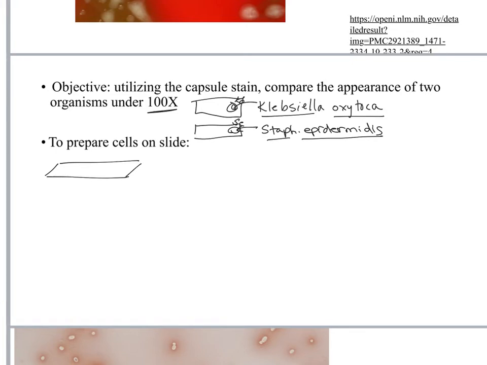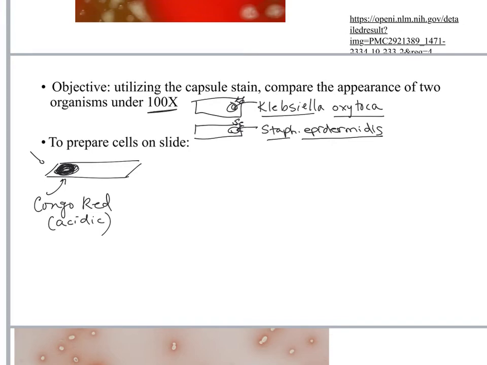When we prepare our cells, we're actually going to put a drop of Congo red, remember, that's an acidic dye, on one end of your slide. And then with your loop, and it really doesn't matter if you use your loop or your needle, our cells should be on a plate today, you're going to mix some cells into that drop of Congo red.